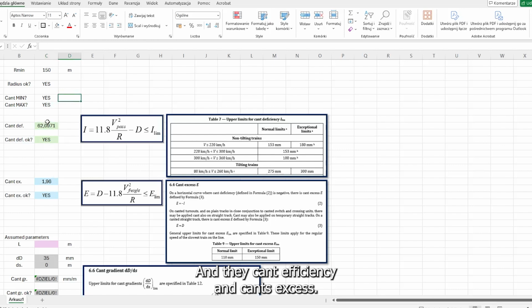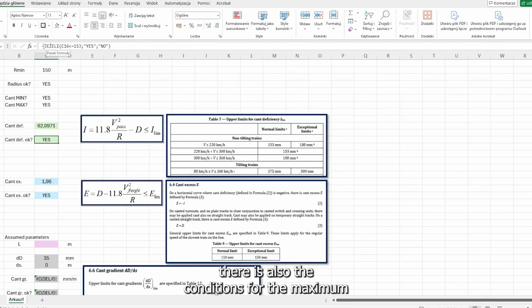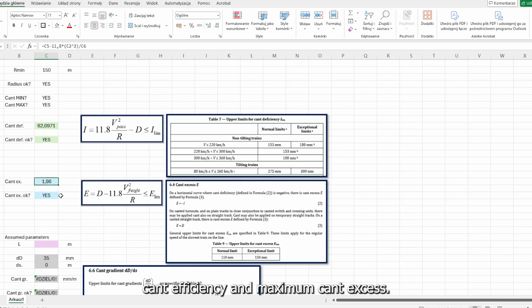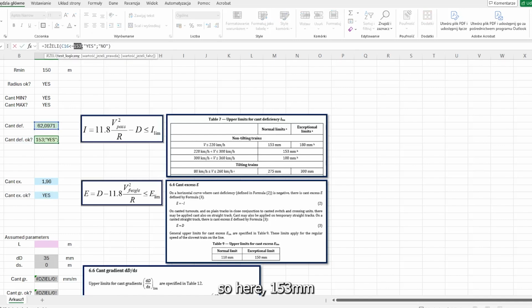There are also conditions for the maximum cant deficiency and maximum cant excess: 110 millimeters for the cant excess, and 153 millimeters for cant deficiency.